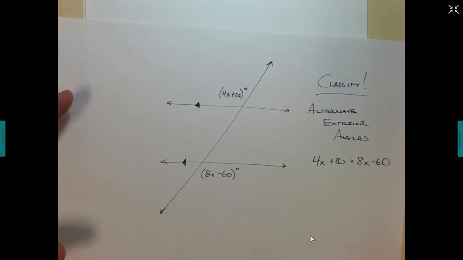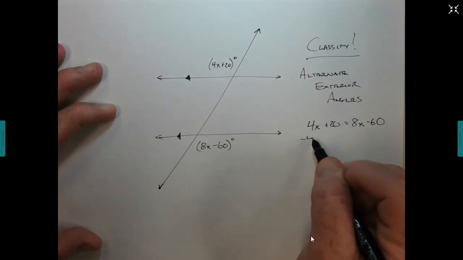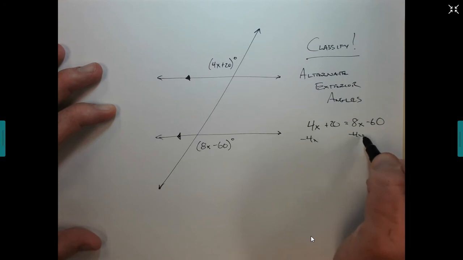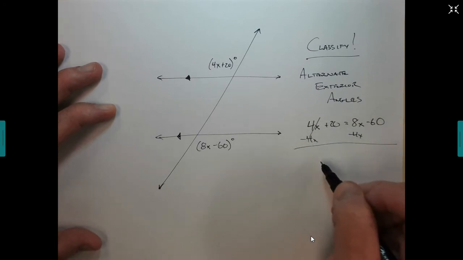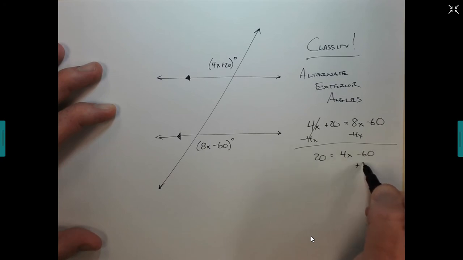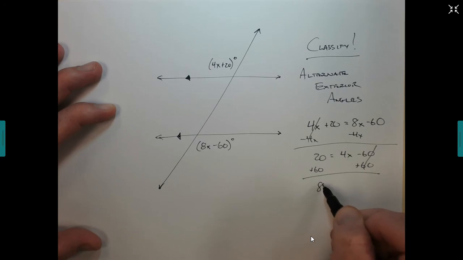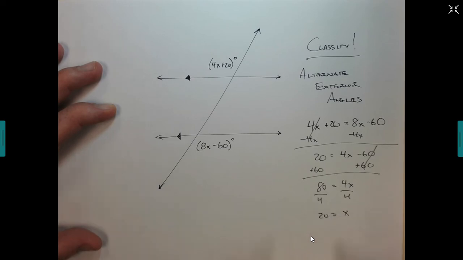Classifying helps me know which equation to write. So if I go with a quick solution, take 4x from both sides. If I add 60 to both sides and divide by 4, I find out x has a value of 20.